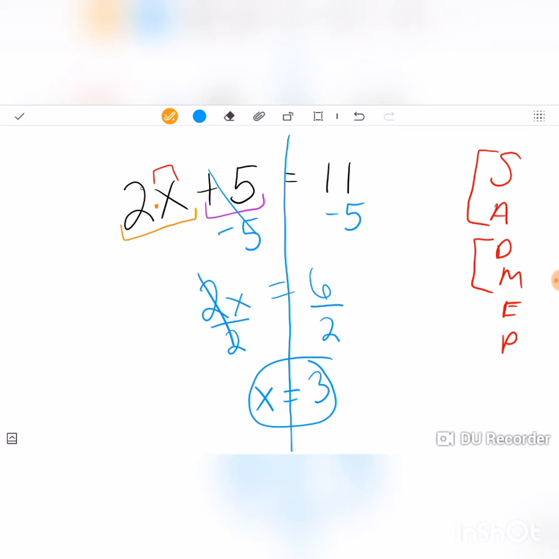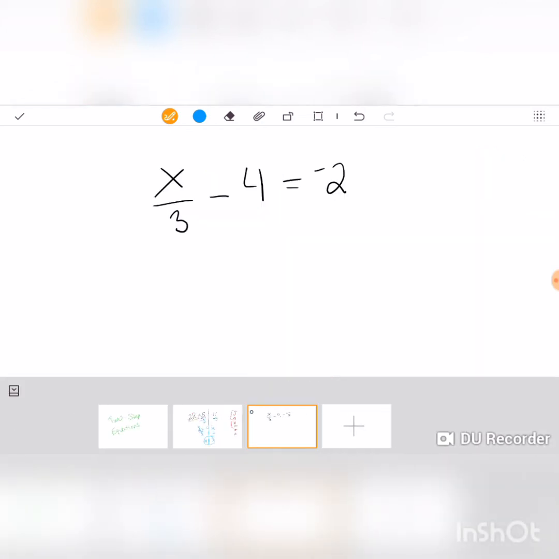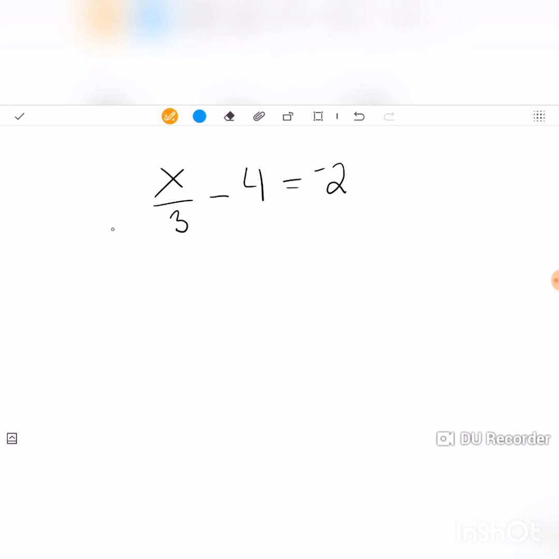Okay, so we did a problem with multiplication and addition in it. Let's try a problem with some division and some subtraction, and we're going to see what happens with this one. So remember, we have our SADMAP, right?